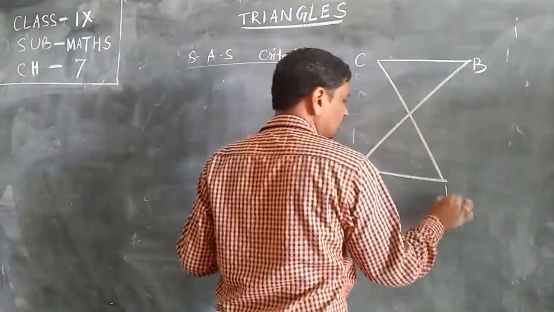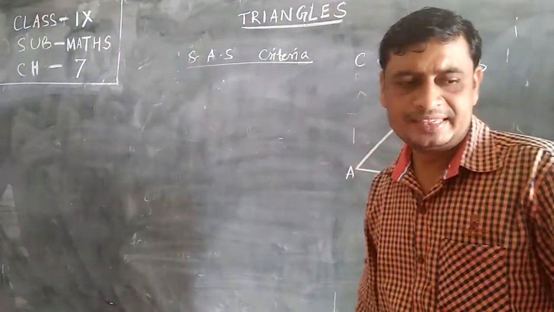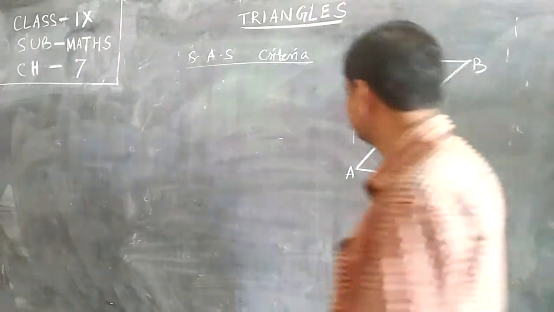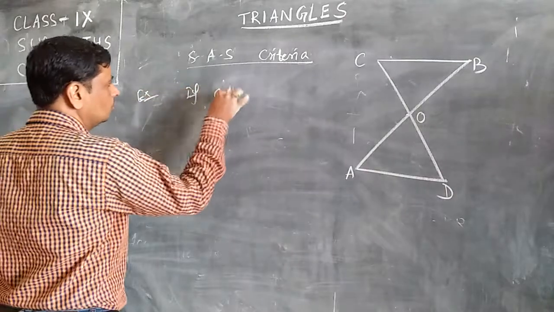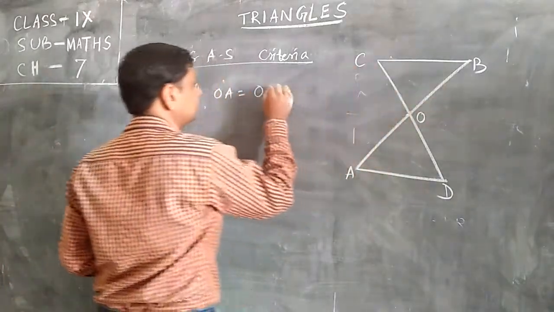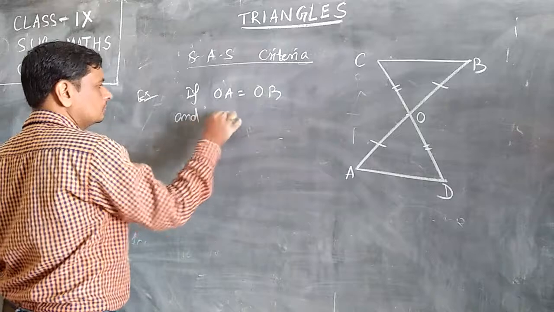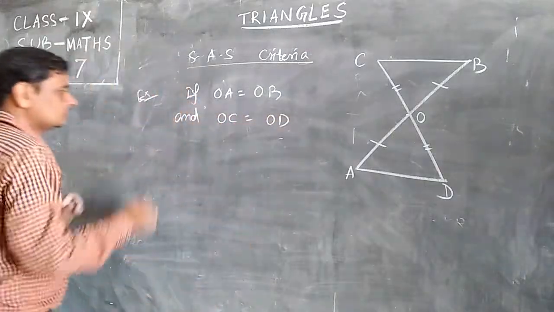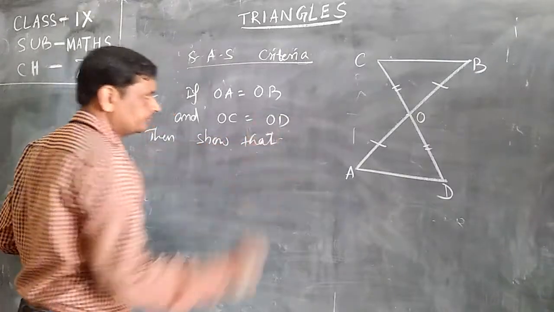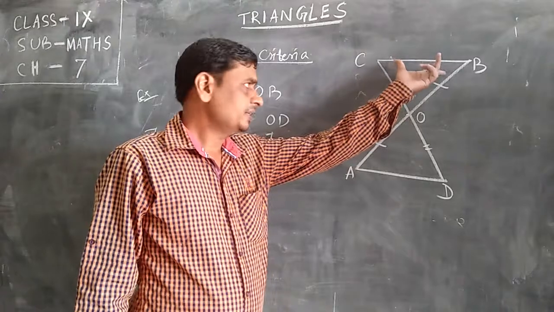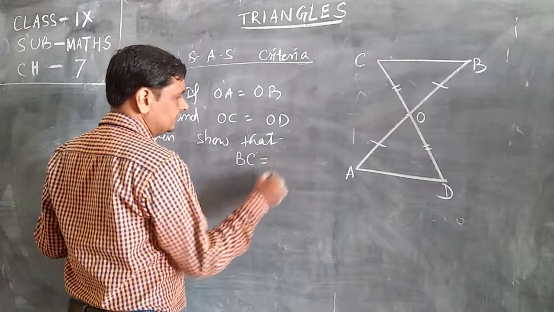AB and CD both intersect at the point O. If it is given OA is equal to OB and OC is equal to OD, then we have to show that side BC is equal to side AD.